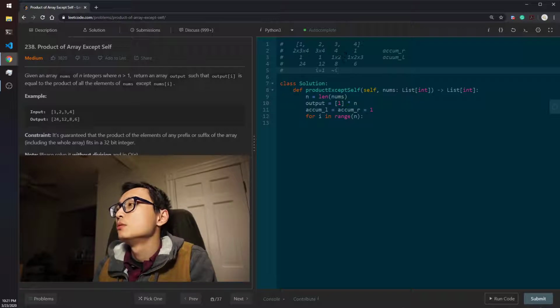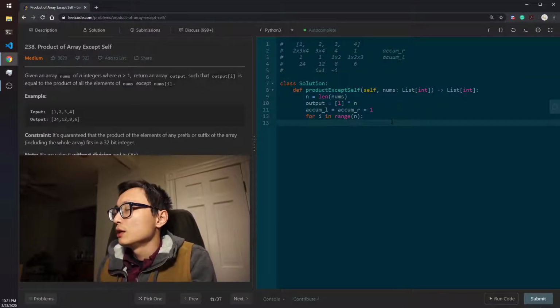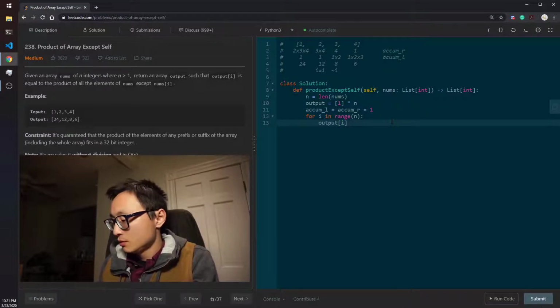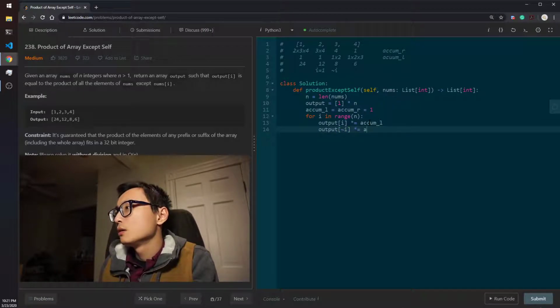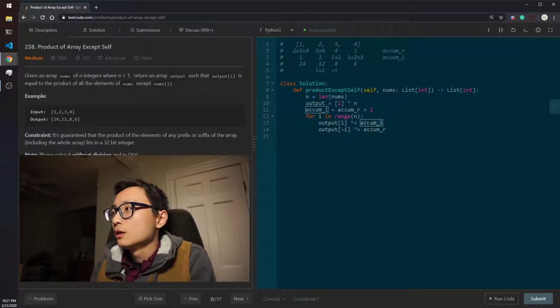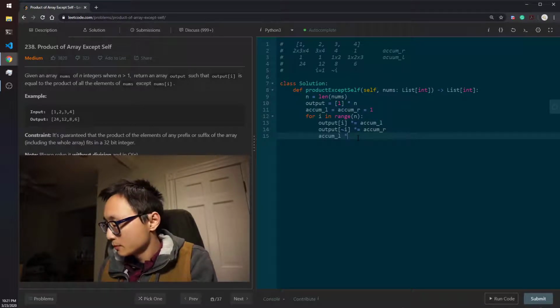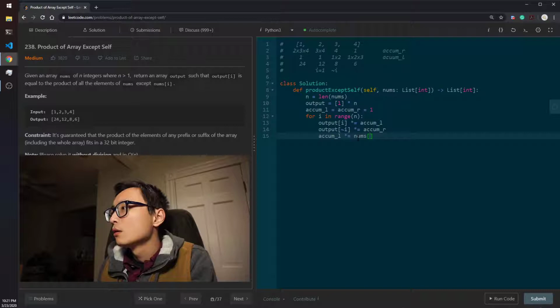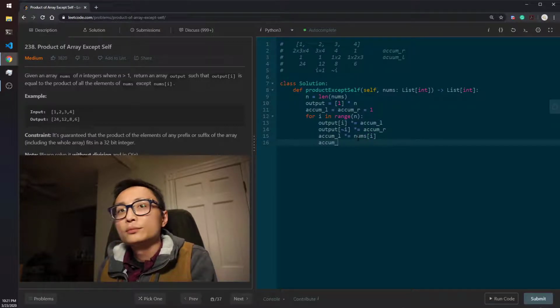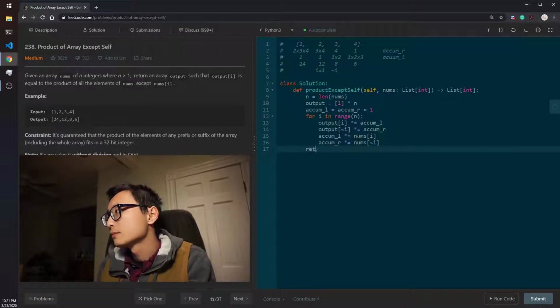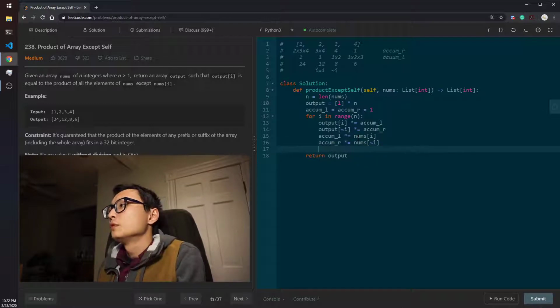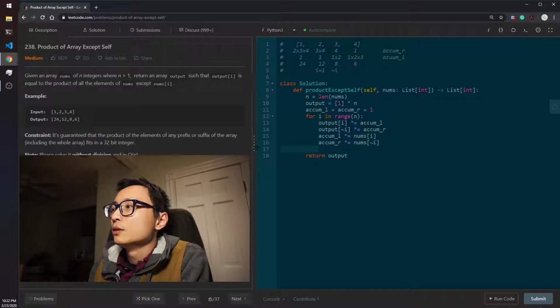That translates into code as output at i's location multiplied by this, right? And we need to update the accumulator. So this will give us the output.